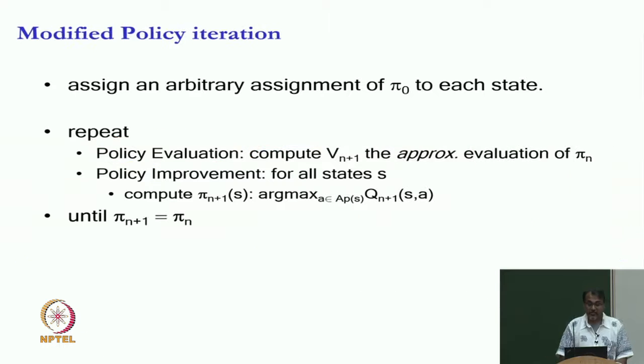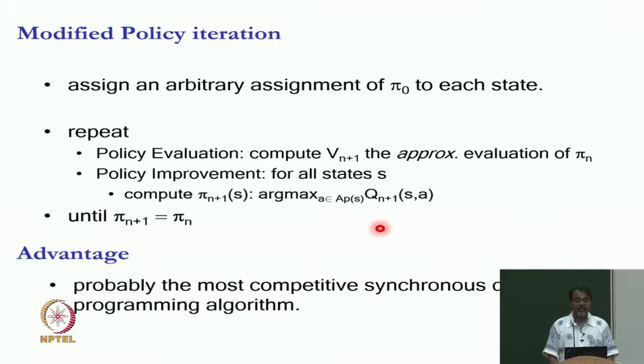So, what is modified policy iteration? It says initialize pi 0 arbitrarily, do policy evaluation, where Vn plus 1 is the approximate evaluation of pi n, and then do policy improvement, where pi n plus 1 is the argmax, exactly what we used to do. The advantage is that it is in practice a faster algorithm.